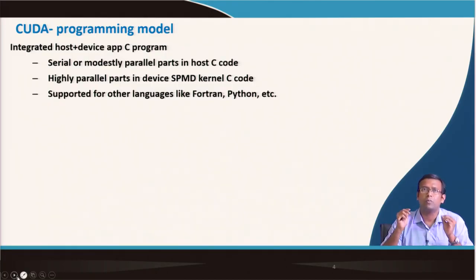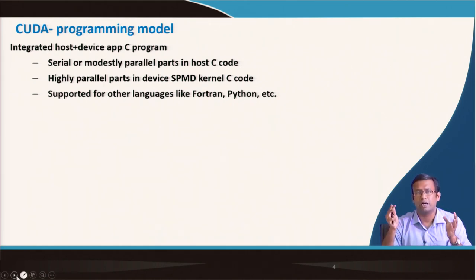The serial or modestly parallel part, meaning it can be parallelized into 4 threads, 8 threads, 20 threads, etc., runs in the CPU. That is part of the host C code. We are discussing C code here, but it can be in Java, Fortran or some other language. The highly parallel parts, where thousands of threads can concurrently work, follow a single program, multiple data kernel code, and that will go to the GPU part.